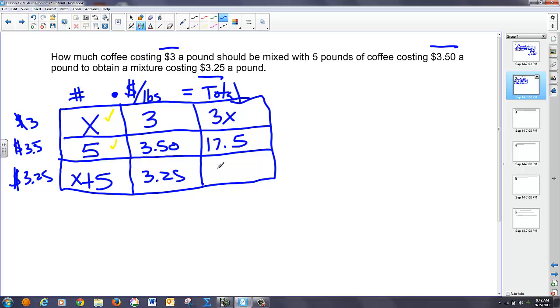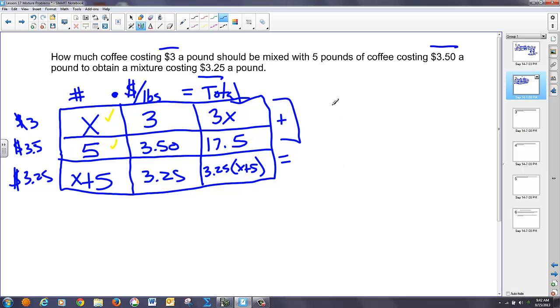Then in this last case, I'm going to distribute that, so I have 3.25 times x plus 5. Now, when I write my equation, notice I added these two quantities here to create this new quantity here.